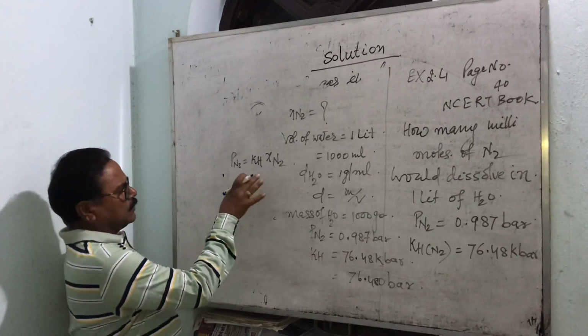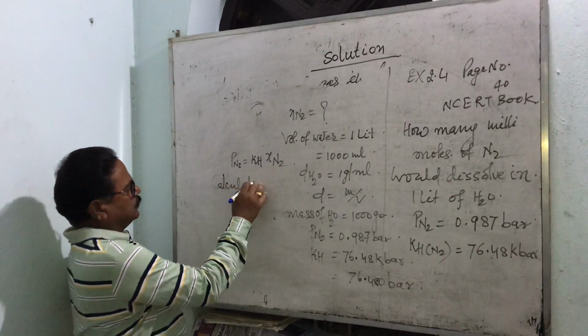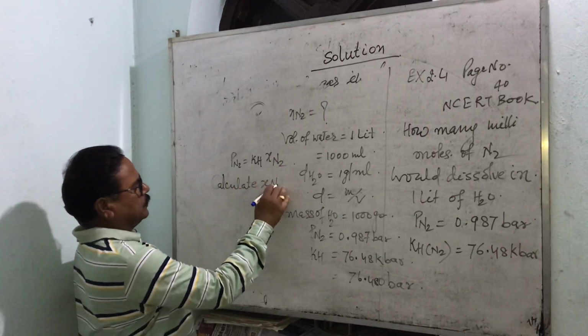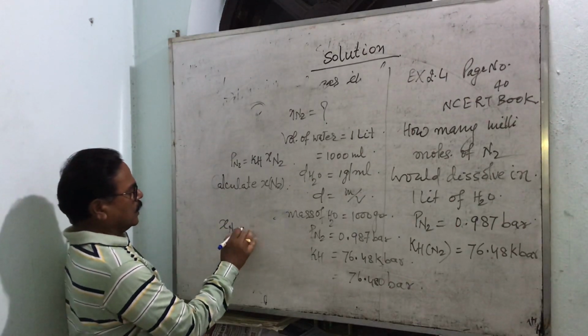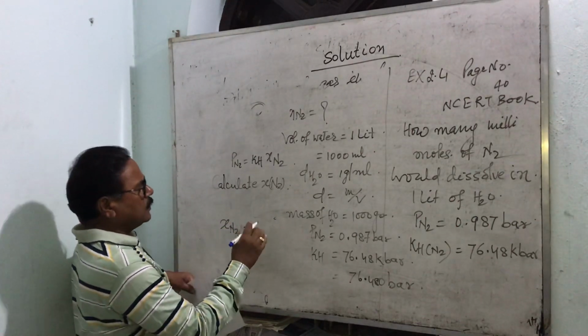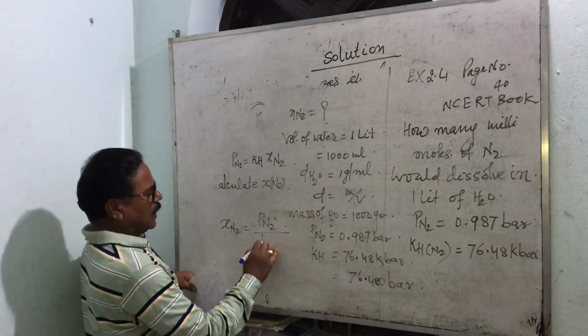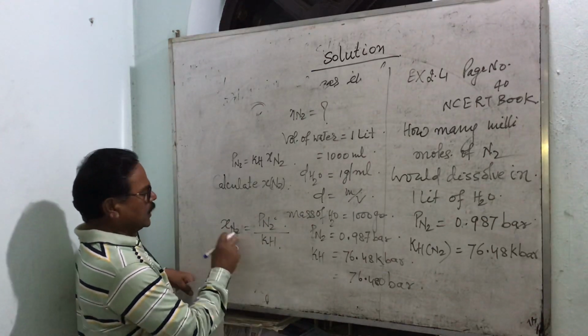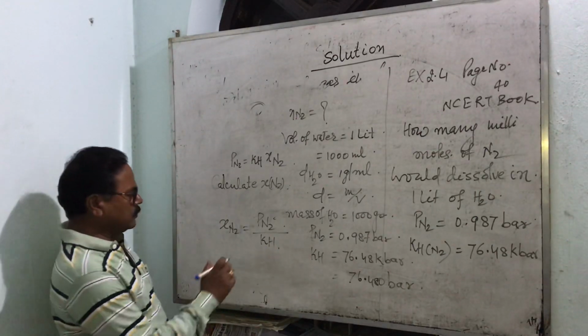First we calculate XN2. We have the formula with PN2, the partial pressure, and KH. From that we calculate XN2. That can be calculated; you do it yourself.